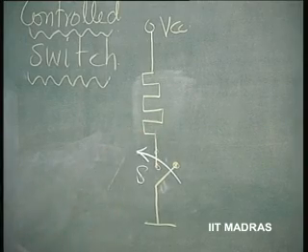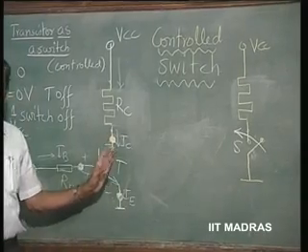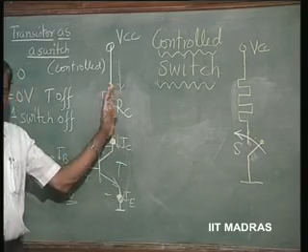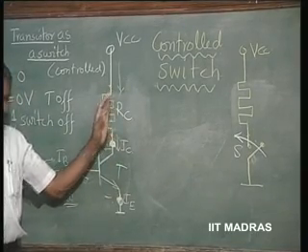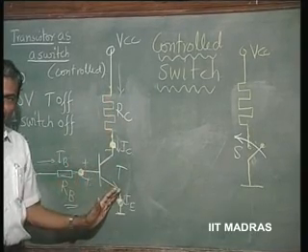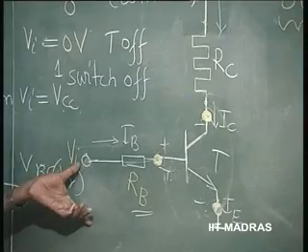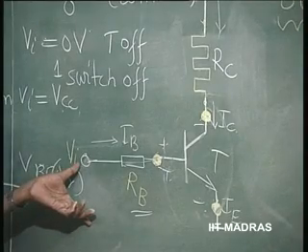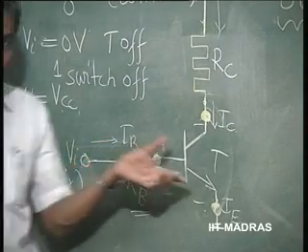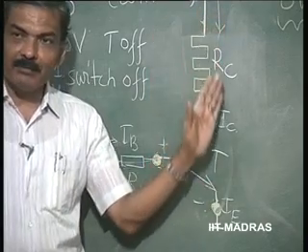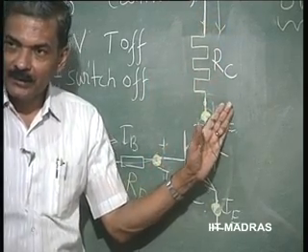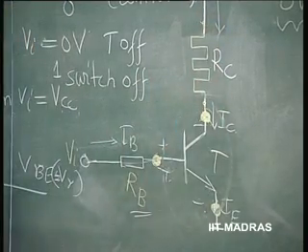So, in order to make it look like a switch and to make the current determined by this resistance, we have to make it go to saturation. Otherwise, current will always be determined by the input voltage. The input voltage should not determine the current. The current should be only determined by RC. So, this is an important design requirement.